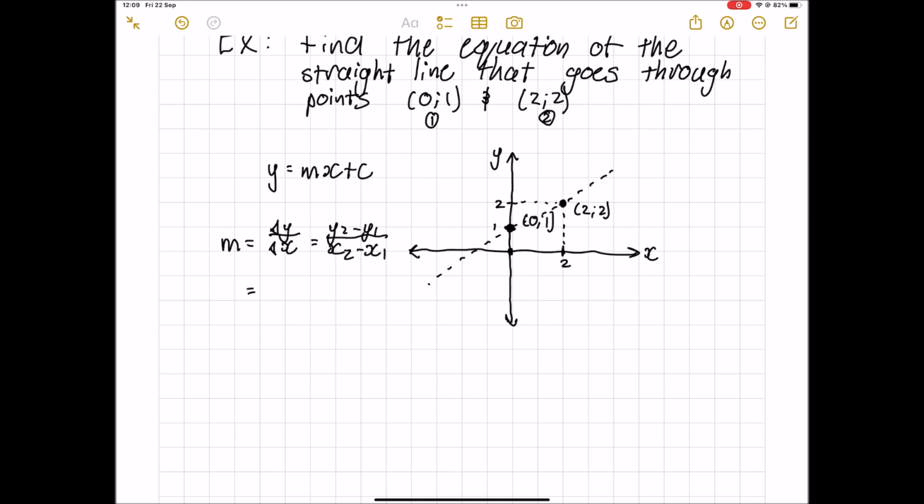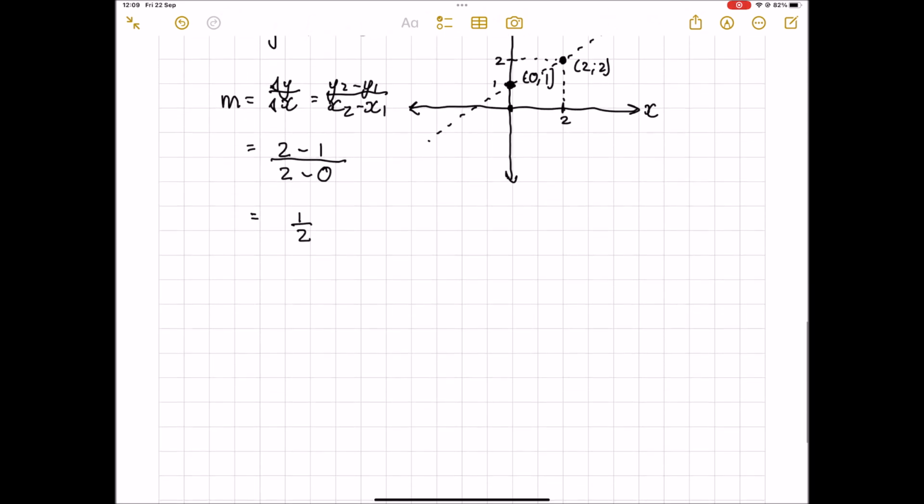So let's use the second coordinate as y2 and x2, and the first coordinate as y1 and x1. So with y2, I'm going to say that's 2, and y1 is 1. And x2, you get 2 again, minus 0. Then you get 2 minus 1 is 1, 2 minus 0 is 2. So your gradient is a half.